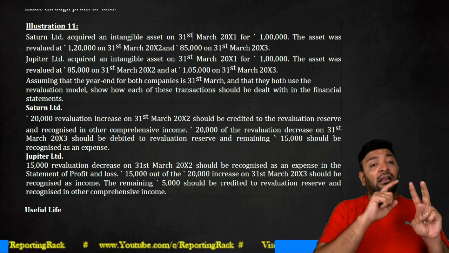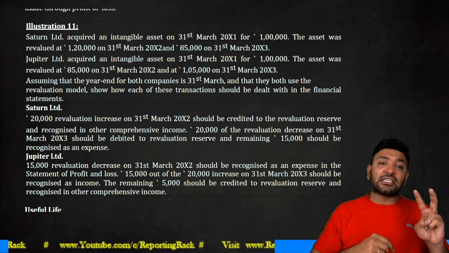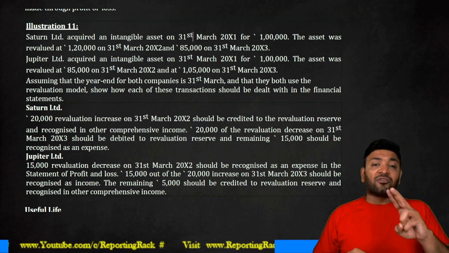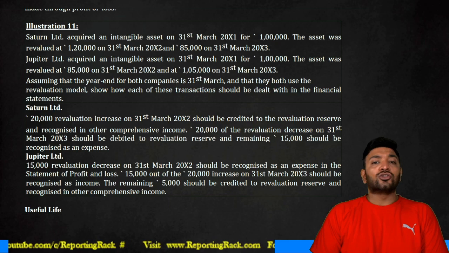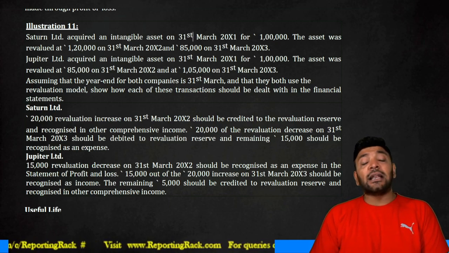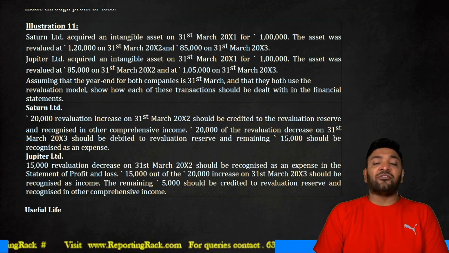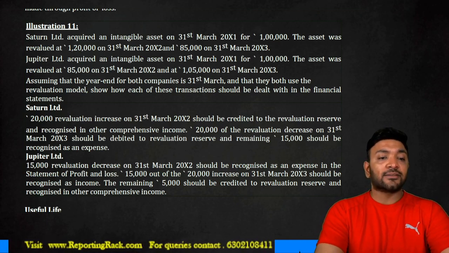Whatever you credited earlier, you reduce it because the downward revaluation is much more than your revaluation surplus. The extra downward revaluation of 15,000 should be charged off to P&L. Correct? So the answer is revaluation surplus account debit 20,000, P&L account debit 15,000, to intangible asset 35,000. So the set of two entries that we have to record should go like this.